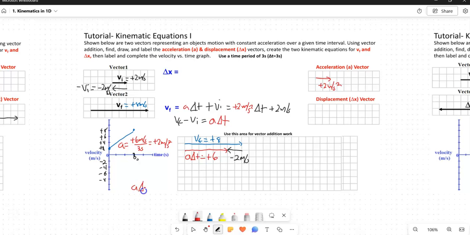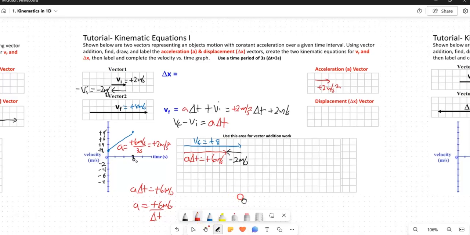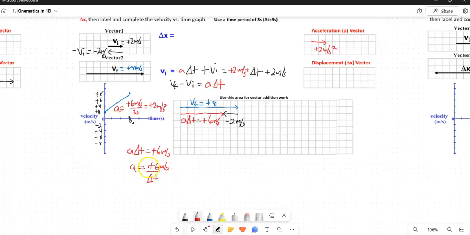A delta t is equal to positive 6, and if we take delta t and divide it by both sides, and this is meters per second, and I should have put the units on that. Now we're going to divide this positive 6 by 3.